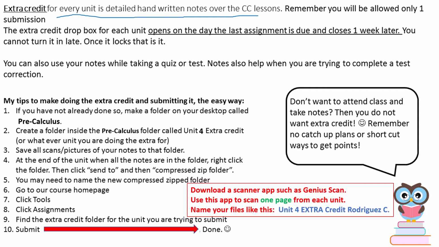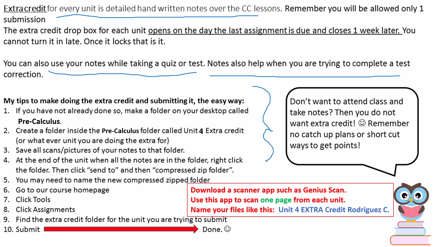But when you're at the end of the semester, at the end of the unit, and you keep coming to me and saying, grade it, and you haven't turned it in as a PDF, it's going to take me a lot longer. So again, you can use your notes while taking quizzes or tests. So notes are helpful. Don't avoid doing that. And use Quizlet. That's an organized place for you to have notes if you have fallen behind.